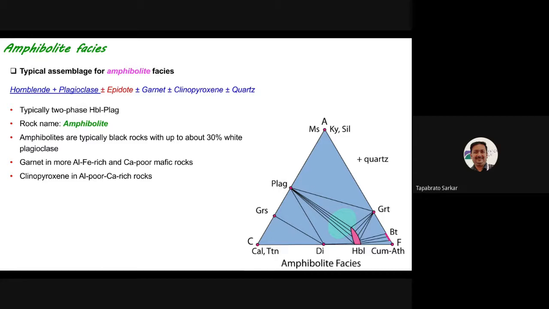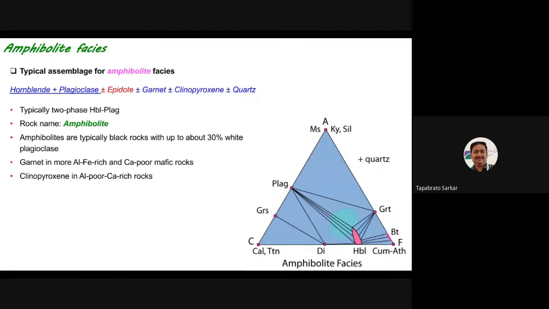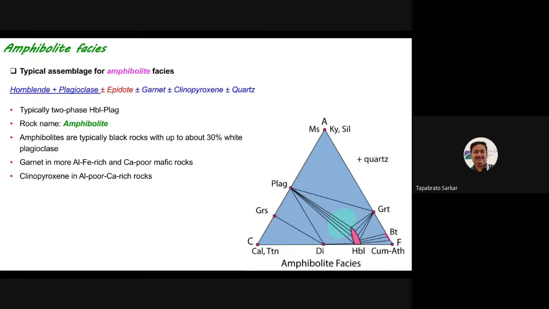The typical assemblage for the amphibolite facies is hornblende and plagioclase. The mineralogy is very restricted. Sometimes you can get epidote, as we just saw.